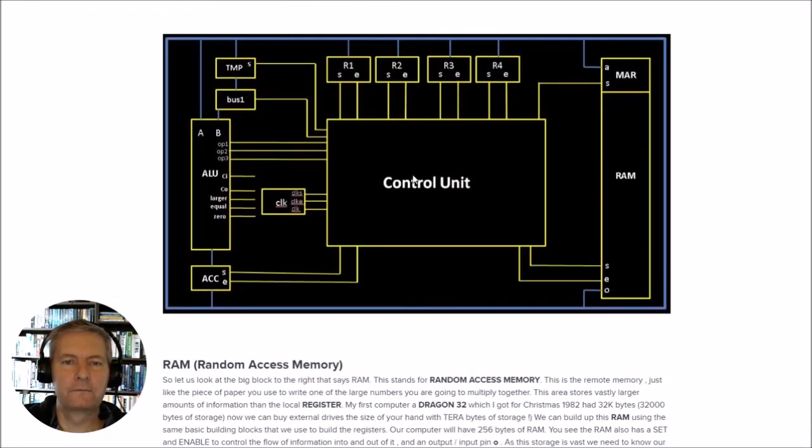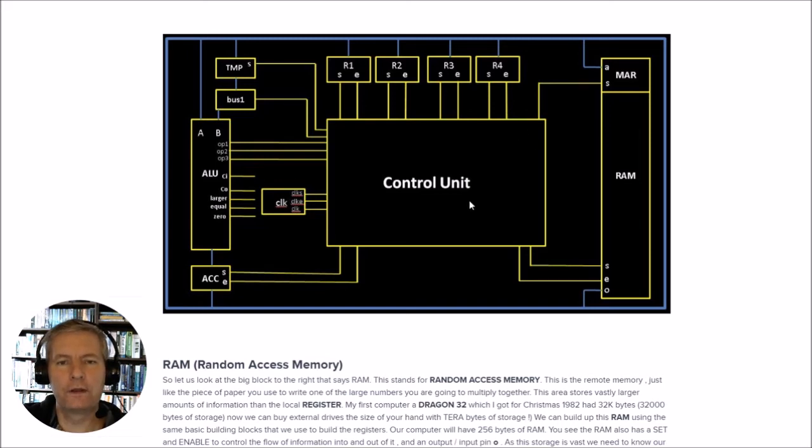You can see here that we've got set and enable pins in every single one of these blocks, although some of the blocks have only got sets and don't have enables. But the set and enable pins control the flow of information round about the CPU.